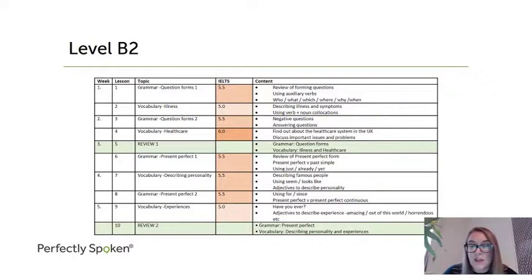We're going to be starting with question forms, which is a really key part of communicating in English. We're then going to move on to a vocabulary lesson on illness, thinking about describing symptoms using verb, noun collocations. You'll then see that lesson 3 is question forms 2.